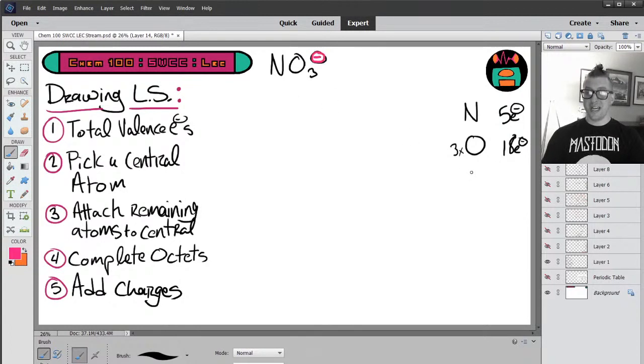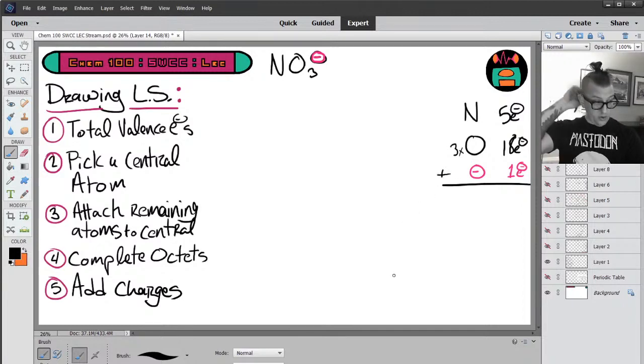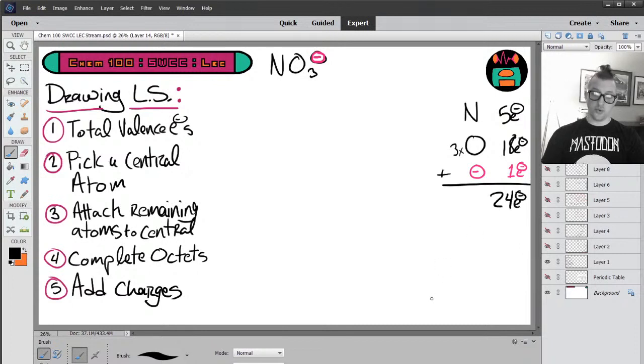That means there's 1 more electron than there should be. So our total electron count, 18 plus 1 is 19. 19 plus 5 is 24. This is our largest budget to date, 24 electrons.